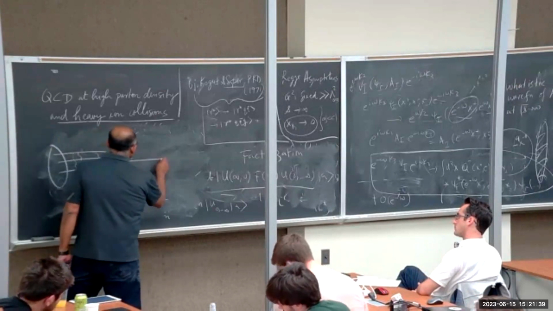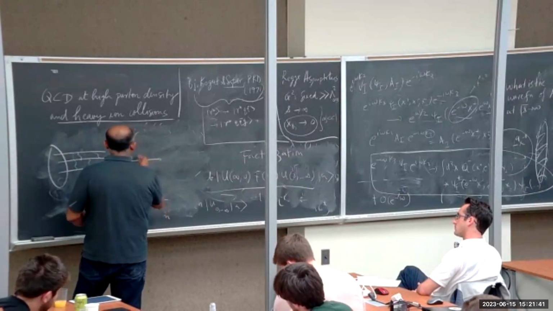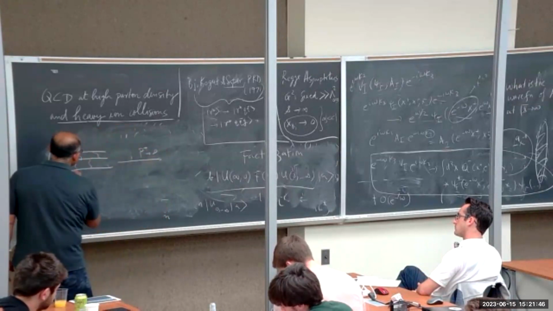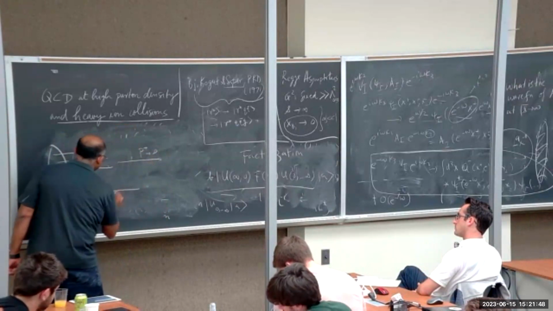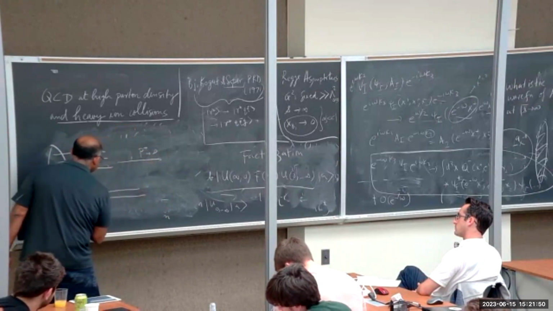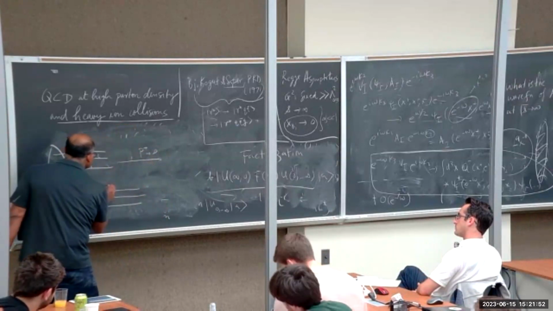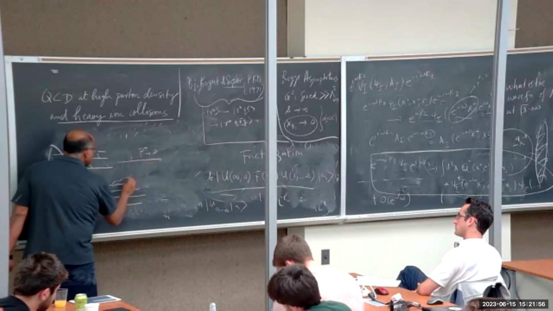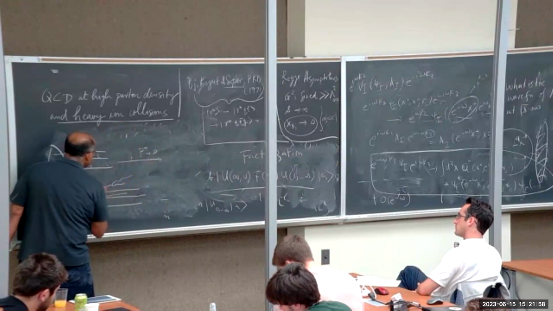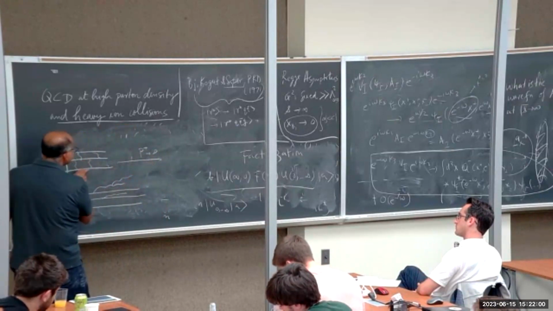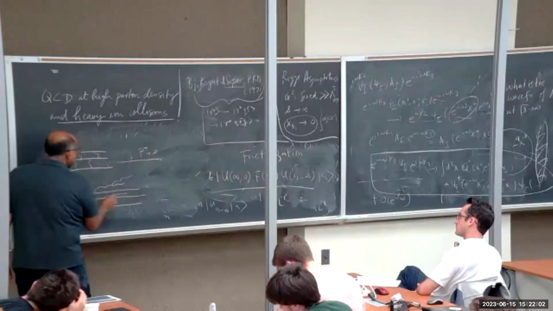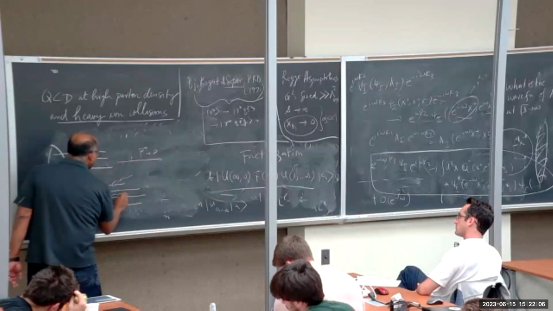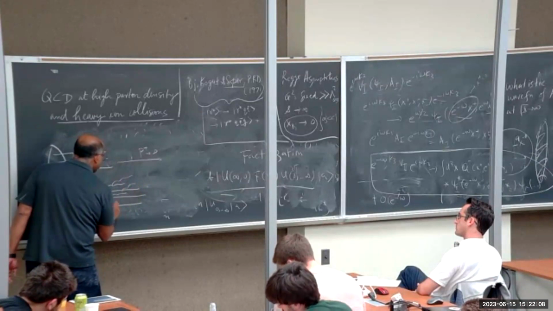But now let me boost it. What's happening? The physics of time dilation starts to play a role, because these guys start to live longer and longer. Their interactions with each other get highly time dilated, so they start acting like free objects, and they can then radiate more and more.